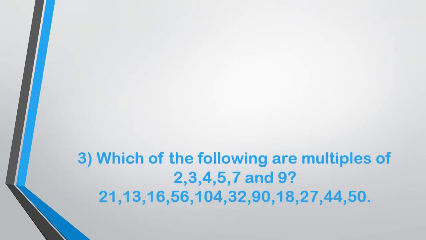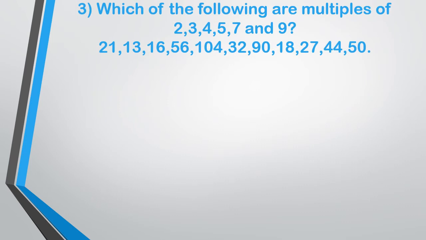So the next sum, third sum, which of the following are multiples of 2, 3, 4, 5, 7 and 9? Okay, here they have given some numbers. We have to check these numbers are multiples of 2 or multiples of 3, 4, 5, 7 and 9. So first multiples of 2.